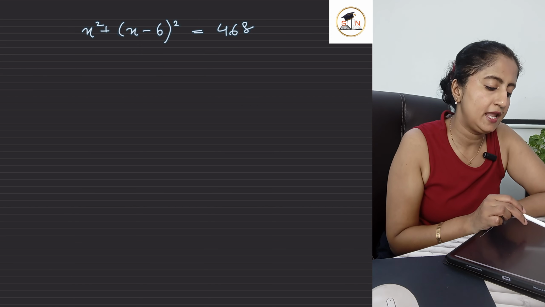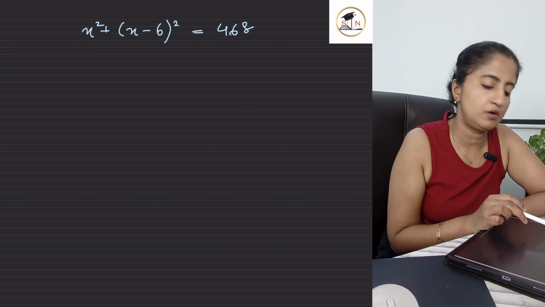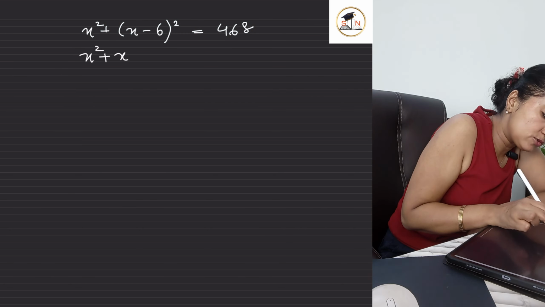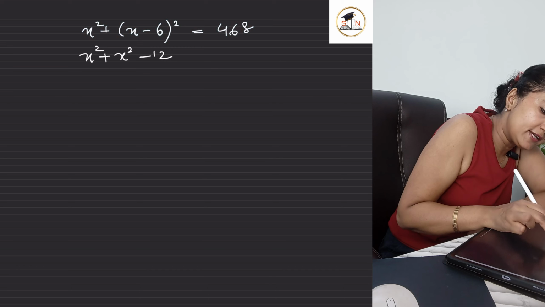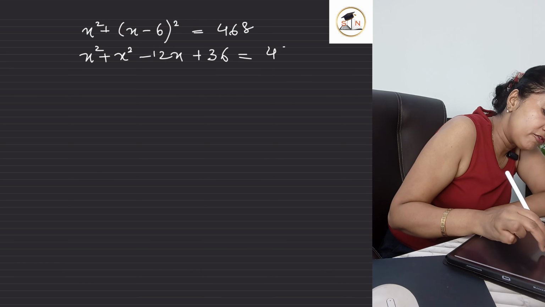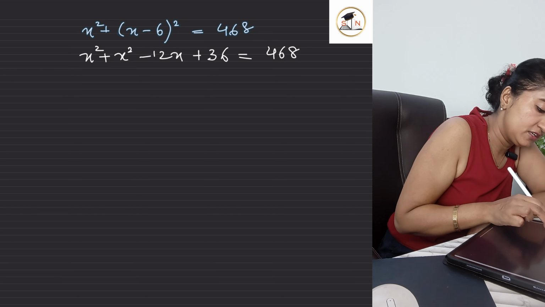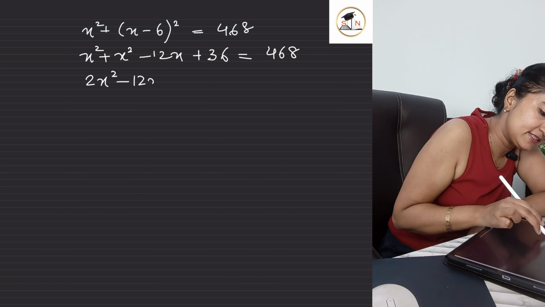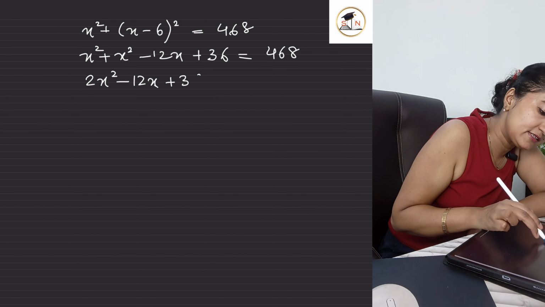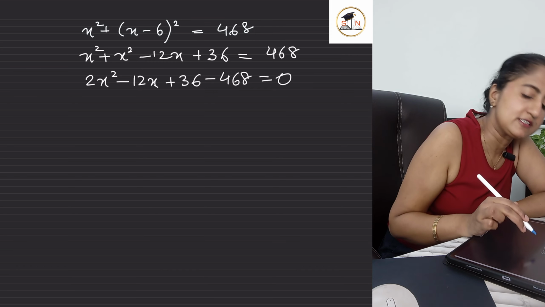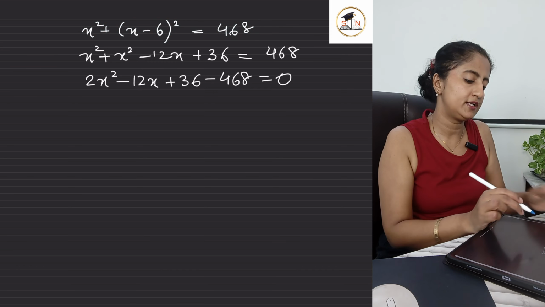Now, applying a minus b whole square over here, we get x square plus x square minus 12x plus 36 equals 468. So we have 2x square minus 12x plus 36 minus 468 equals 0, right? This is what we are getting.